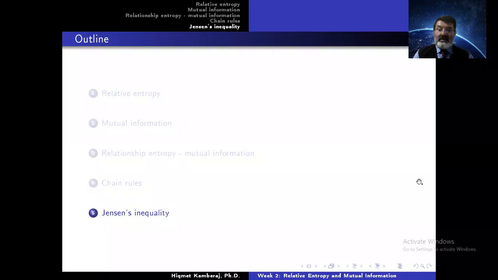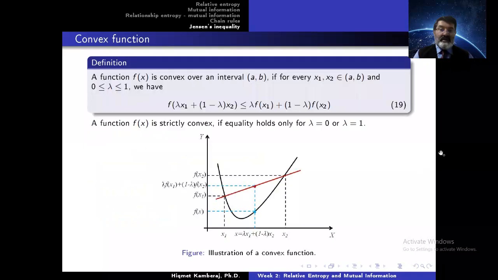Next, I'm going to talk about Jensen's inequality. Before I start with this one, first I'm going to give some definitions from the mathematics of convex functions.